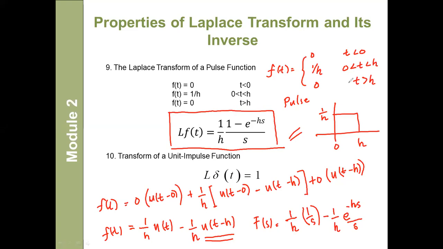So it would really have a big impact if you change this to greater than 0, because it has to be less than 0, meaning your pulse will not have any value for time which is negative. Your pulse will only have a value of 1 over h for time which starts at 0 time to h time. And again, your pulse will not have any value. You can see here it's a 0 for time greater than h.